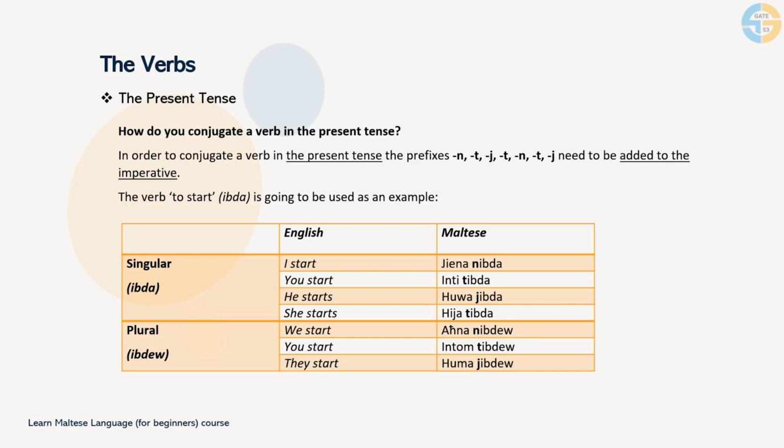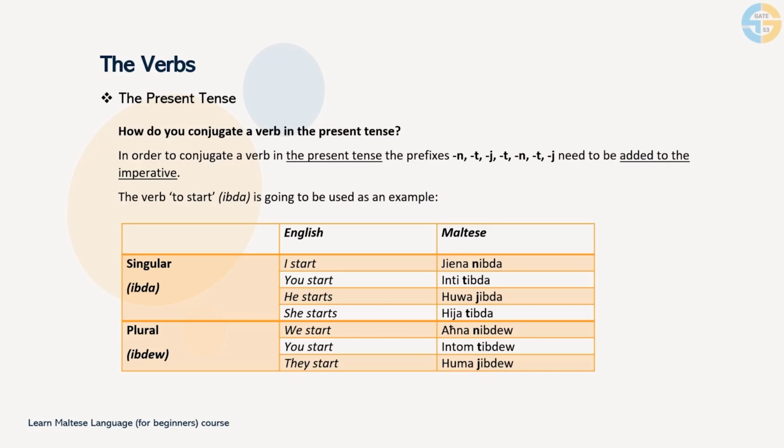We added n in front of ibda. You start, singular: inti tibda. We added the t in front of ibda. He starts: huwa yibda. She starts: hija tibda.